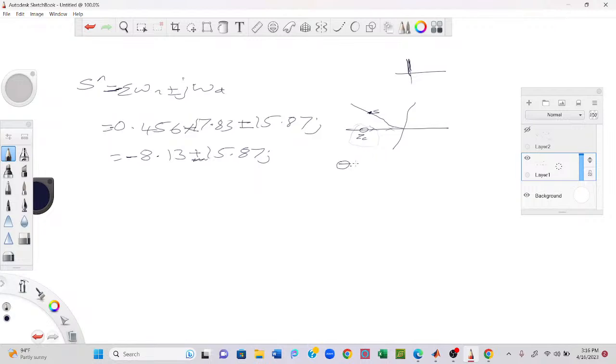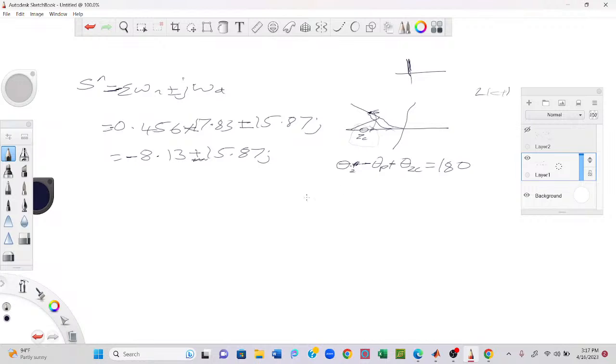The angular contribution of your zeros minus the angular contribution of your poles, plus the compensator zero, should be equal to an odd multiple of 180, that is 2k plus 1 times 180. I'm taking k to be 0, so it should be equal to 180.